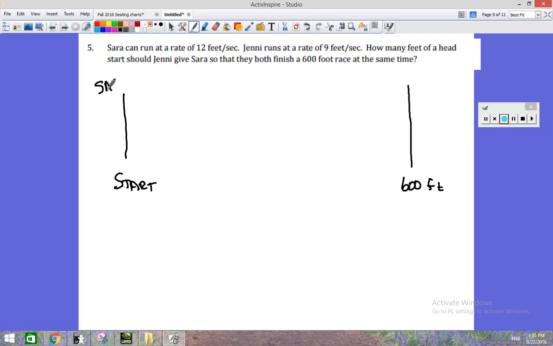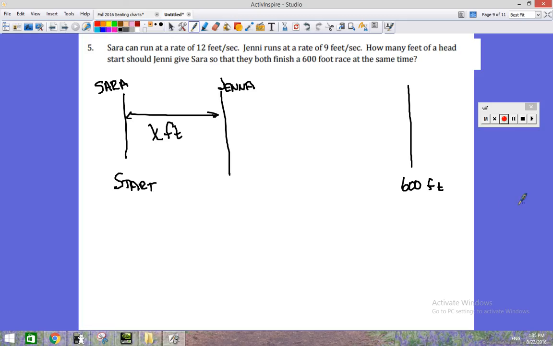So while Sarah is at this original starting line, she gave Jenny, well, it's asking us how many feet should she give, so that if Jenny starts here, and they're both racing, they finish at the same time. So with that head start, they have not run the same distance.